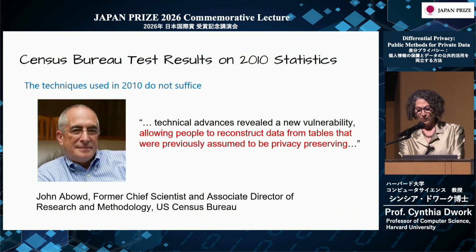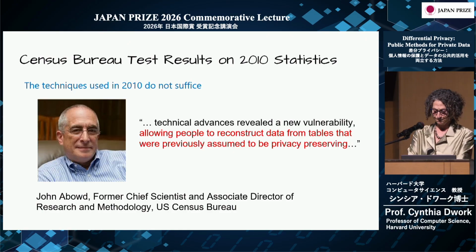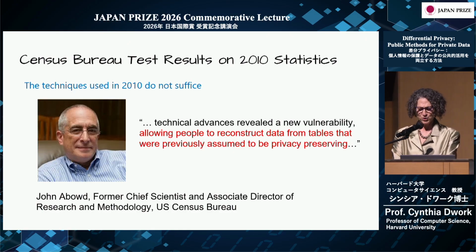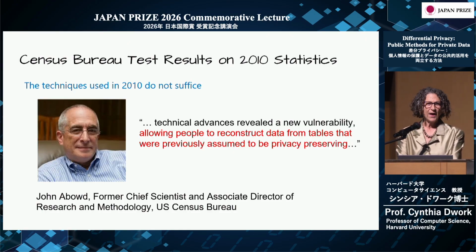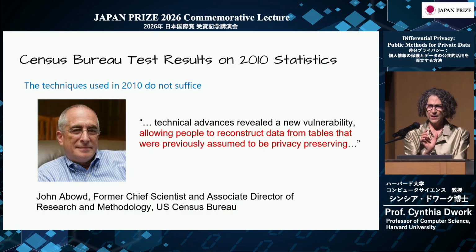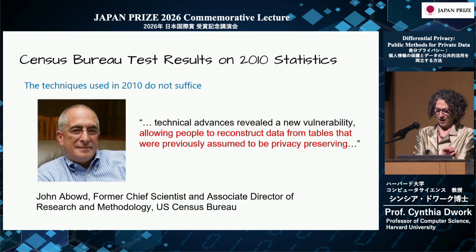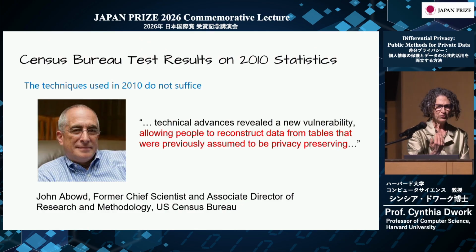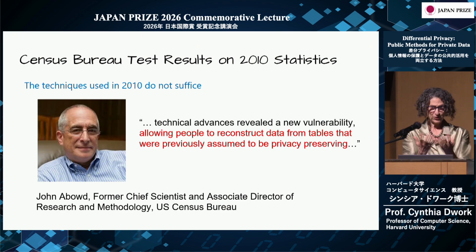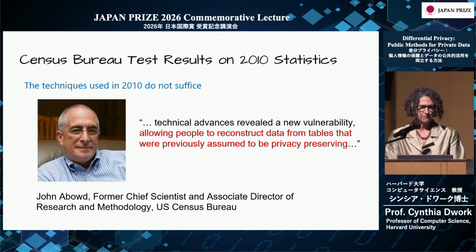So Census carried out its own reconstruction and re-identification attack on the 2010 data release. And of all of the tables that they published for the attack, they only used 34 of the tables. And because they knew the ground truth, because they actually had the true census responses, they were able to evaluate how well they had done in the attack.